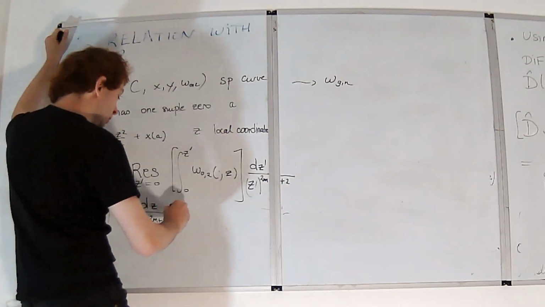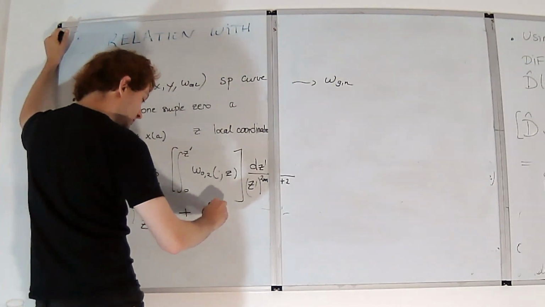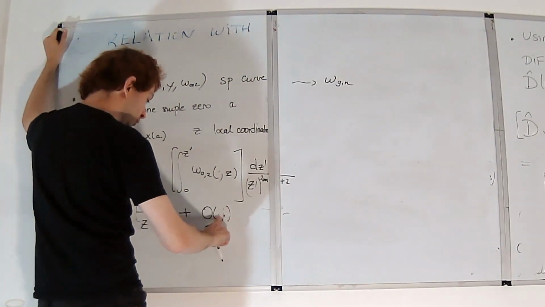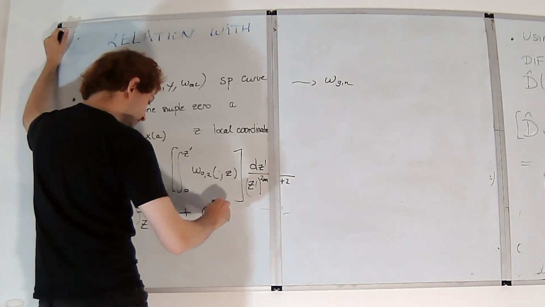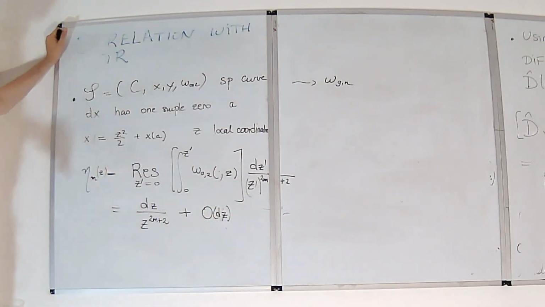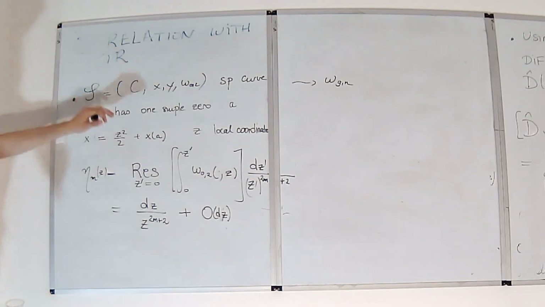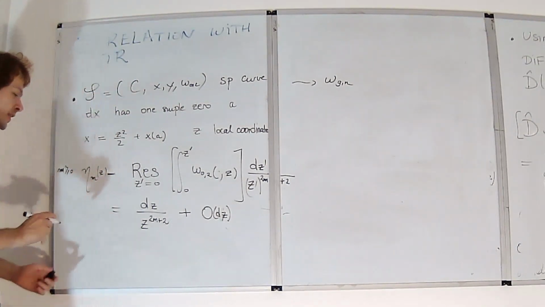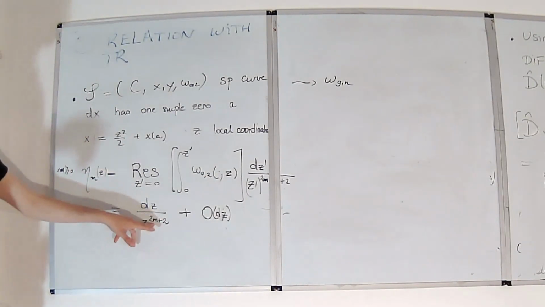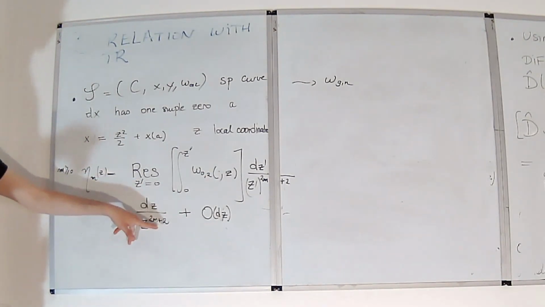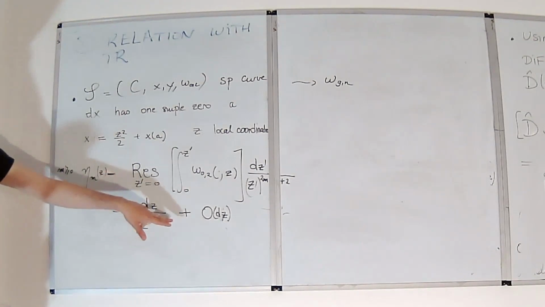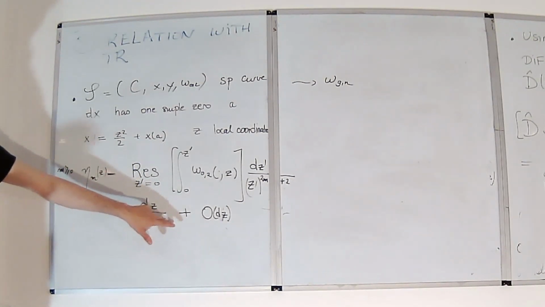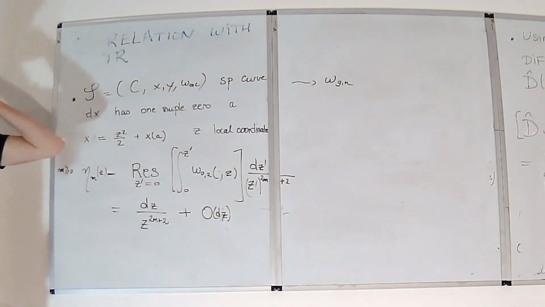But then there's a holomorphic part, so not O of 1, but big O of dz. And so when I take m non-negative, I see differential forms that have poles of order at least 2, so there's no residue, no simple pole. And that's indeed true. The omega g,n in any variable don't have residues at the ramification point.